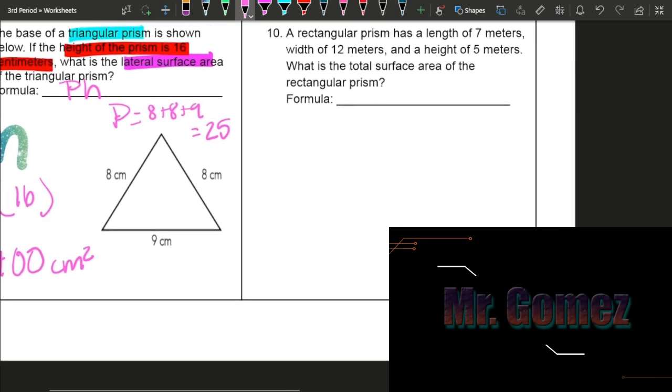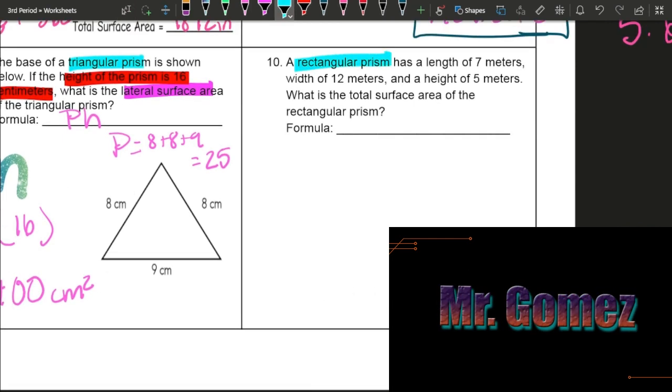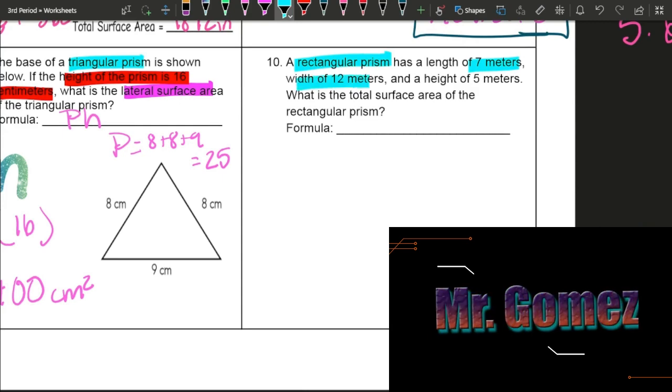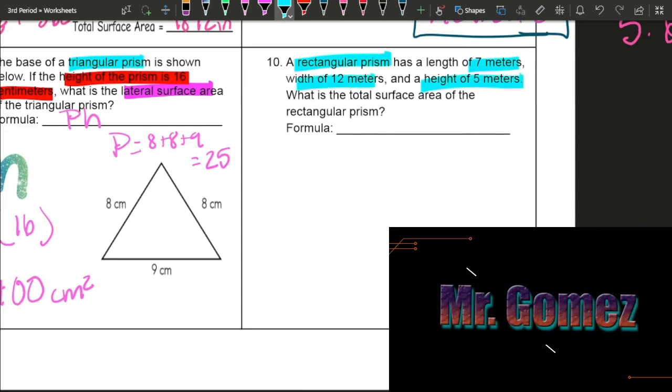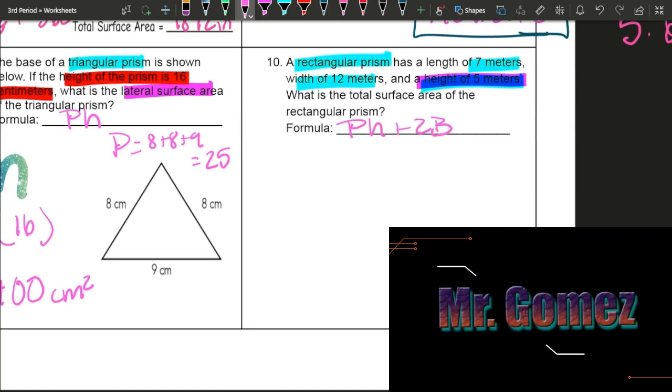The last one. A rectangular prism has a length of 7, width of 12, and a height of 5. What is the total surface area? Formula: pH plus 2B. So this is easier if you can actually see it.